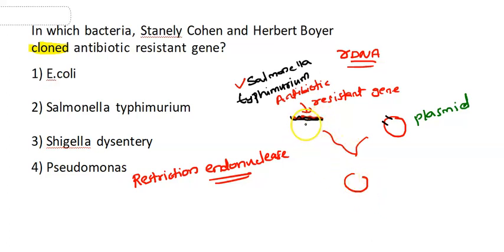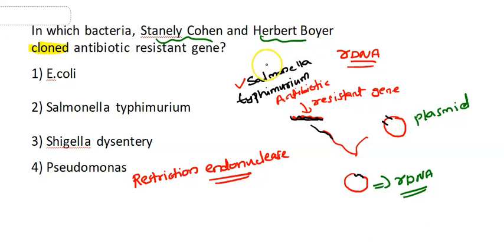We will put this antibiotic resistance gene and add it into this plasmid. So now this is called rDNA, or recombinant DNA. This was the first recombinant DNA, made by two scientists, Stanley Cohen and Herbert Boyer.